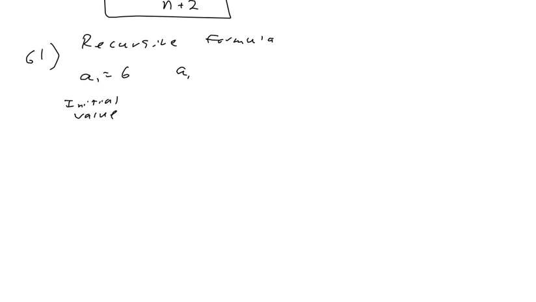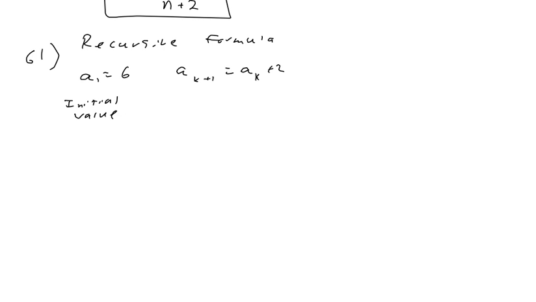A of n plus 1 is equal to, or they use k, well, whatever, fine, we'll use k. K plus 1 is take the current number and add 2. Okay? And it wants the first 5 terms.